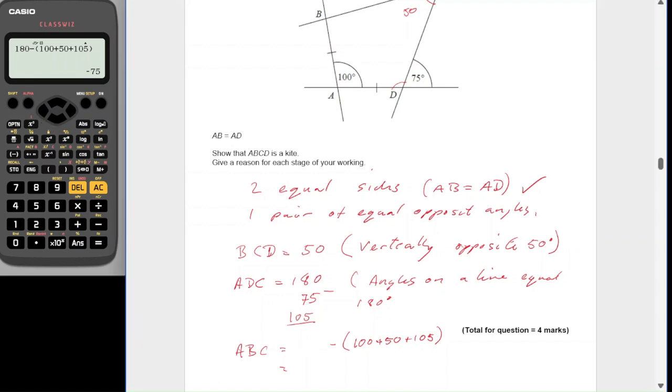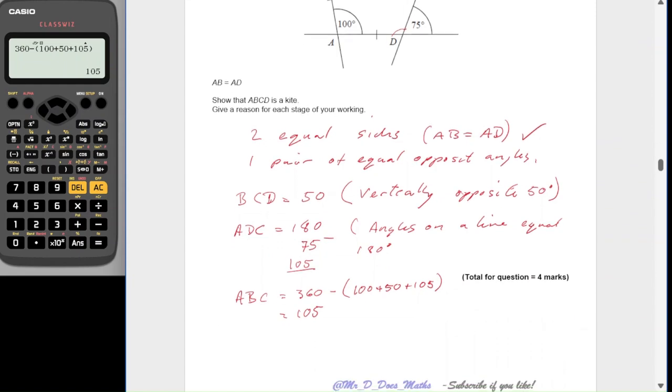Gosh. 360. This video is littered with mistakes from me. Do apologise. 105. So it must be a kite. So that's one pair of opposite angles that are equal.